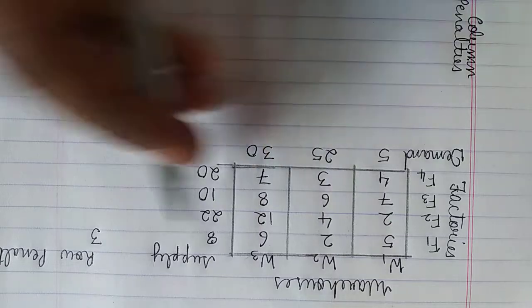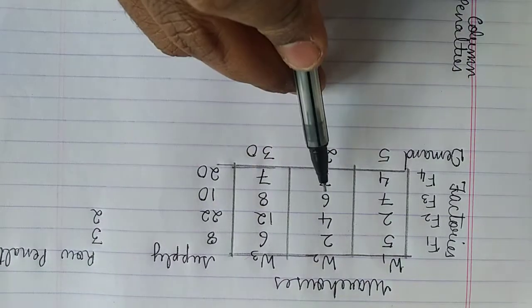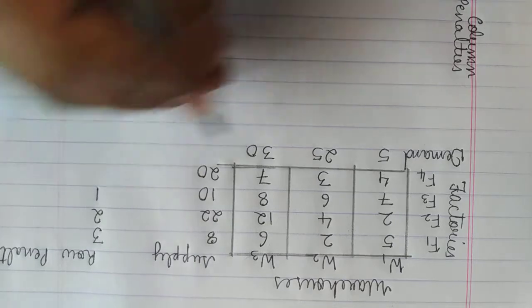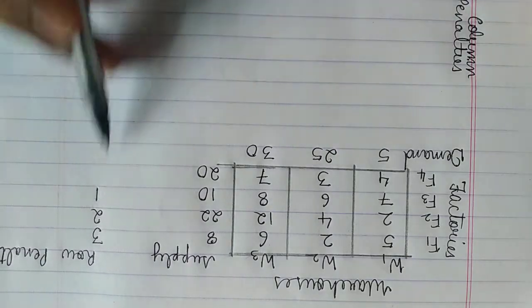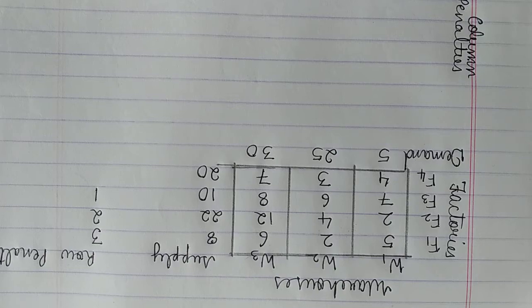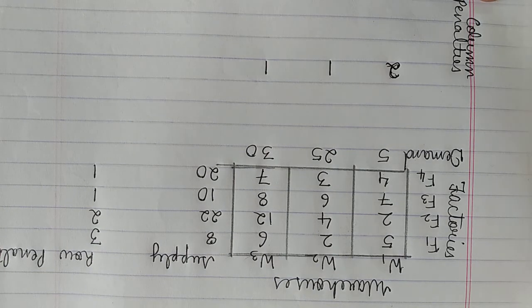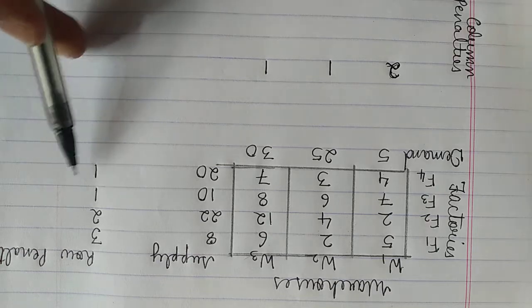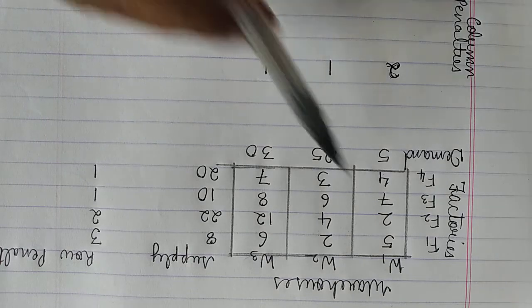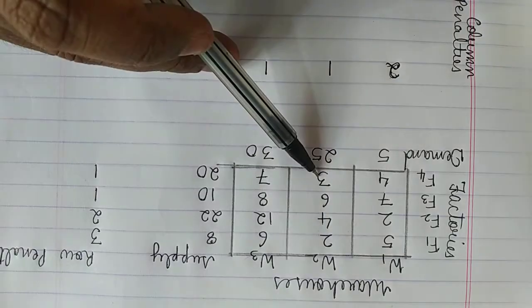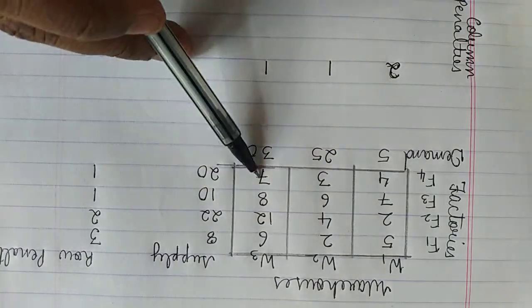Least cost, second least cost, difference is 2. Least cost is 6, second least cost is 7, difference is 1, and similarly you have to find out for all the rows and columns. So this is what I found out, row penalties and column penalties for this. Column penalties also: least minus second least 2, least minus second least 1, and least minus second least 1.